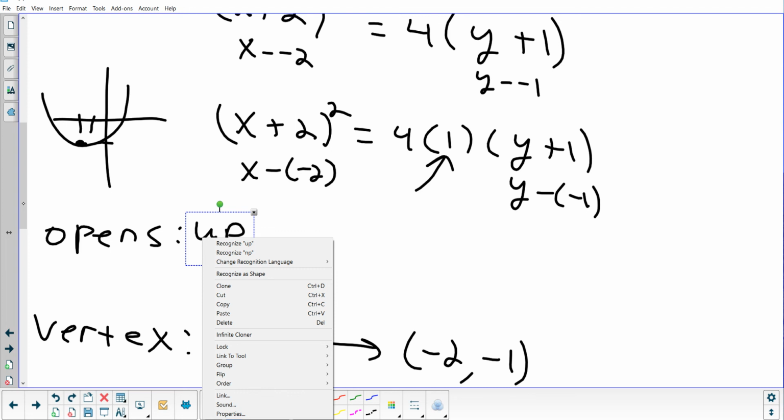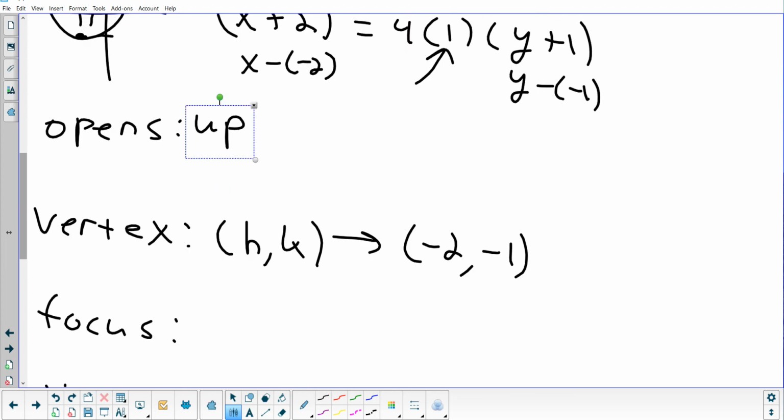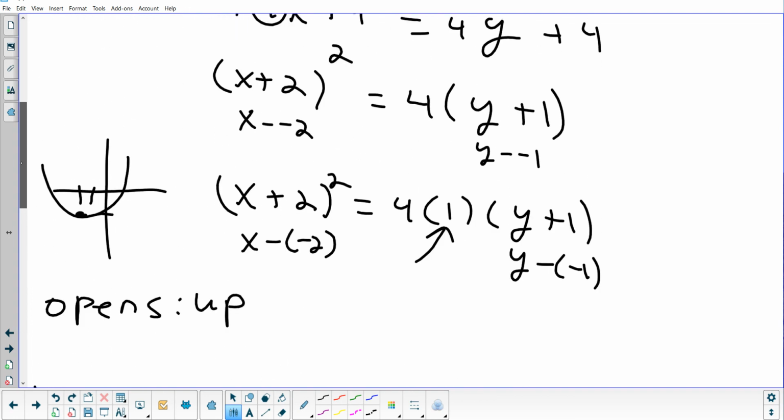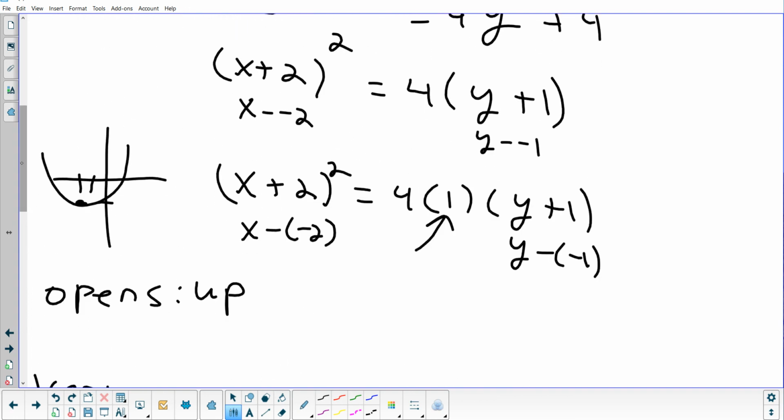So if you shift this up 1, you get negative 2, 0. That is our focus. Directrix, x equals or y equals? Well, x equals would be vertical. So we want a y equals.